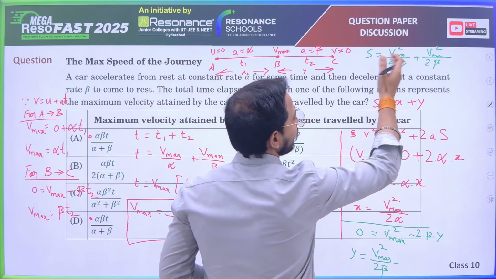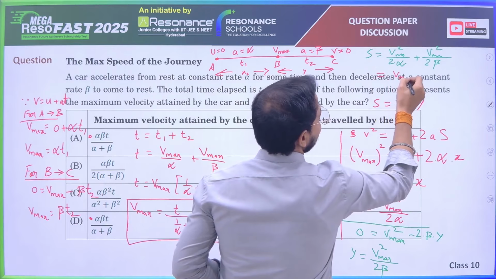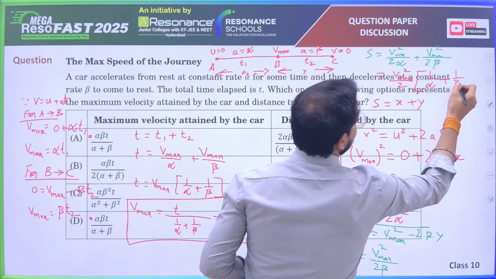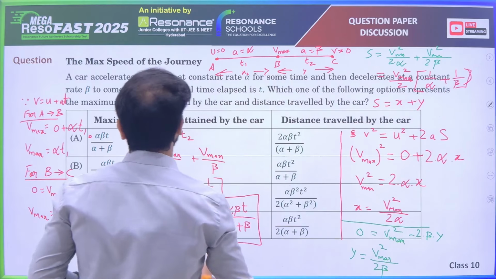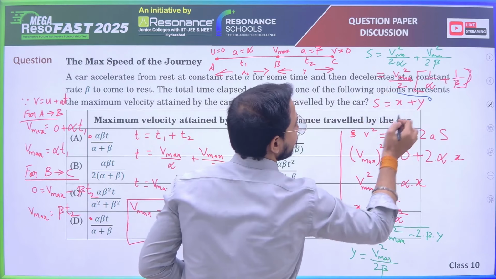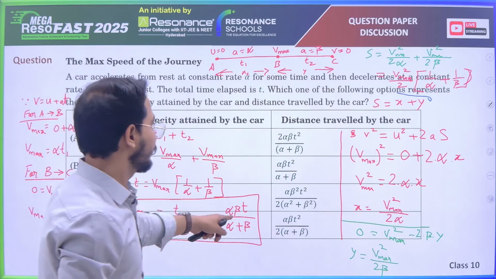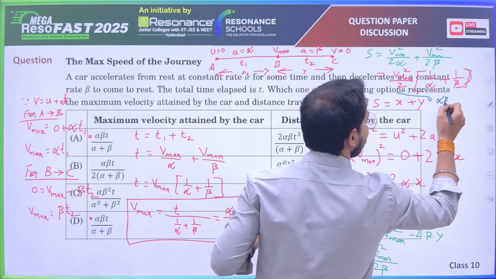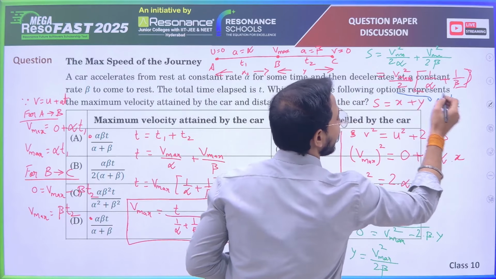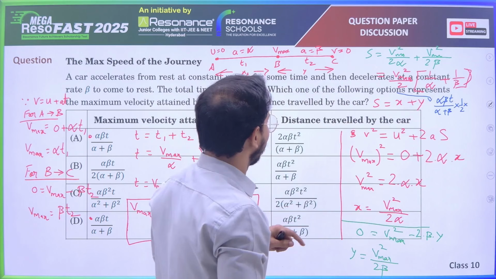Taking Vmax square upon 2 common, it will be 1 by alpha plus 1 by beta, right? Now, substituting the value of Vmax which we calculated just now, it will be alpha into beta into t upon alpha plus beta, squared, into 1 by 2 into 1 by alpha plus 1 by beta.